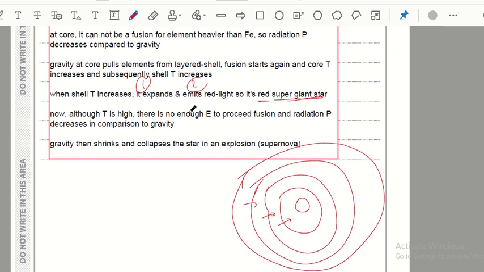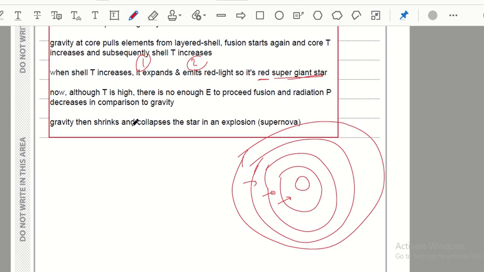After this pulling, fusion occurs, increasing the temperature of the core and the temperature of the shell. A red supergiant star formed, but after a while, fusion stopped and radiation pressure decreased, and gravity will make its pulling again, making the core shrink and collapse, and the star ends in an explosion. This explosion is a supernova.